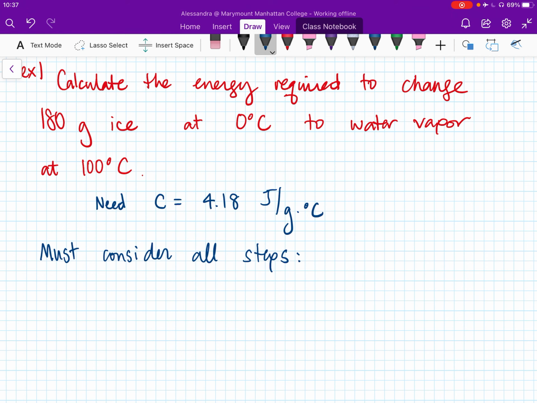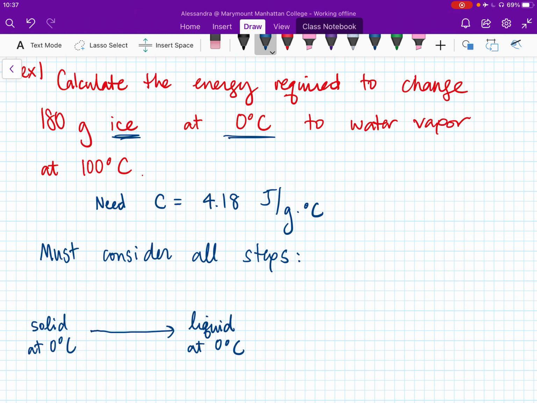I like to list the steps. What am I starting out with? I'm starting out with ice, which is a solid at 0 degrees. So I'm starting with a solid at 0 degrees Celsius, which is the freezing point of water. And what I want to do is melt it, right? It's going to become a liquid at 0 degrees Celsius.